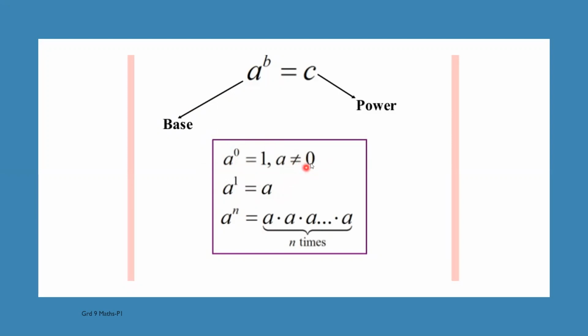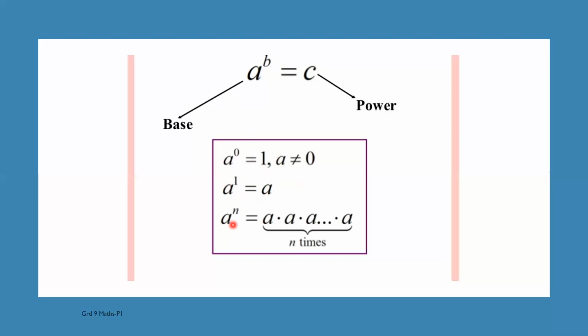As we said just now, 0 to the power of 0 is undefined, and other than that, zero power of everything is going to be 1. Okay, a to the power of 1 is a, because the first power of every number is that number itself. It can also be an object. The first power of that object is the object itself.